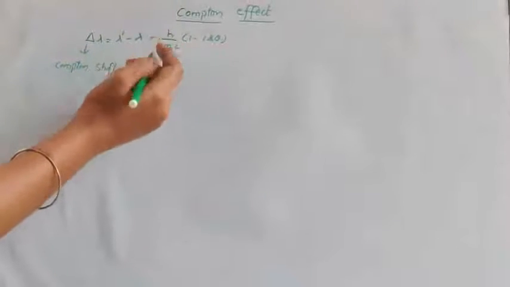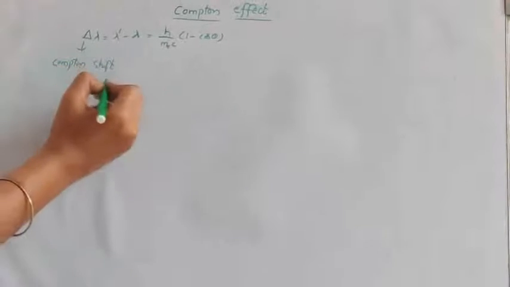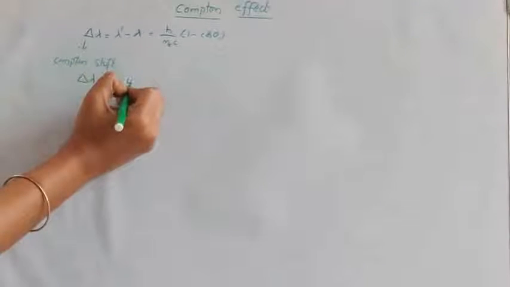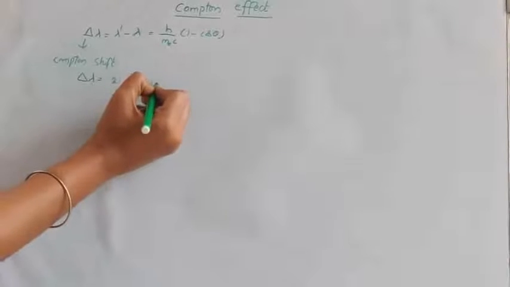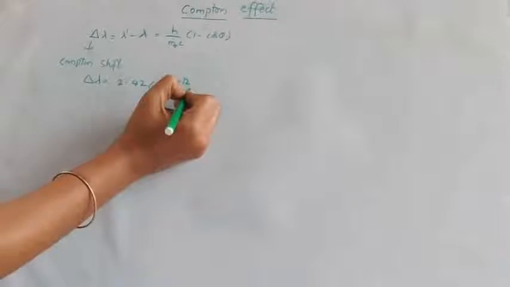After substituting these, the final Compton shift value is equal to 2.42621 into 10 power minus 12 meters.